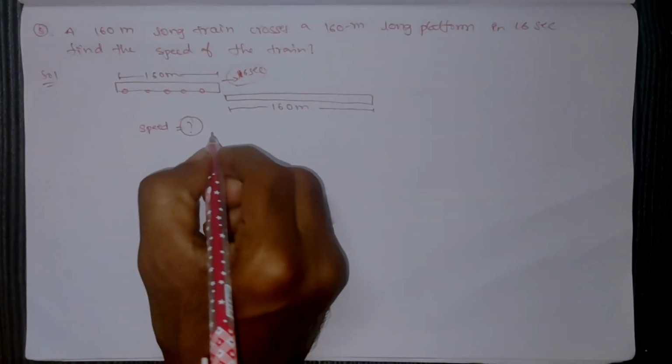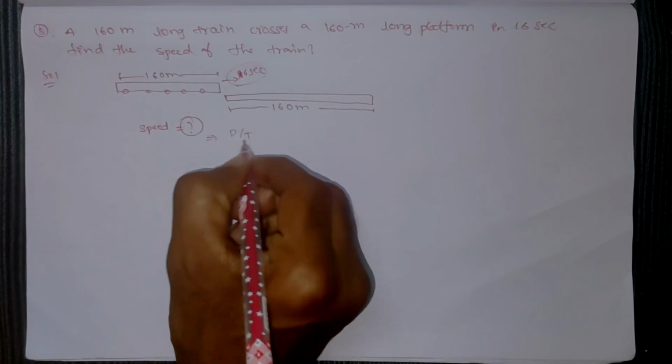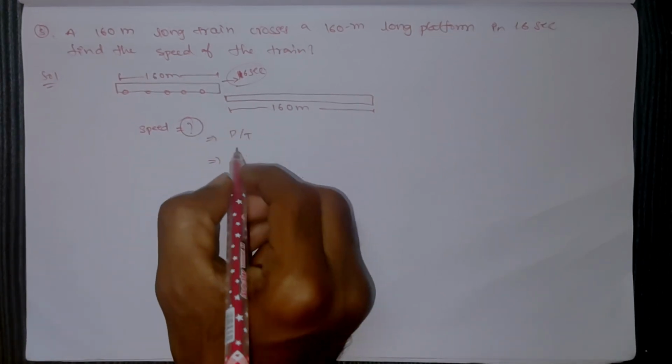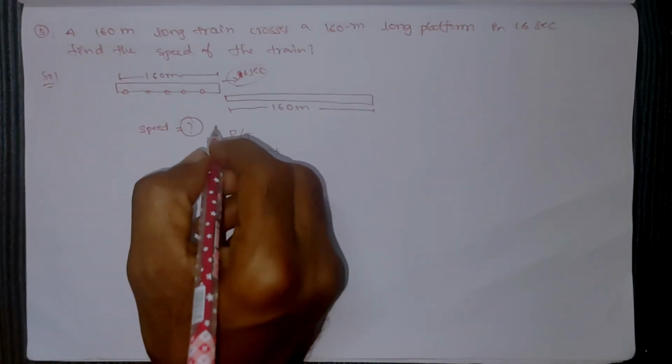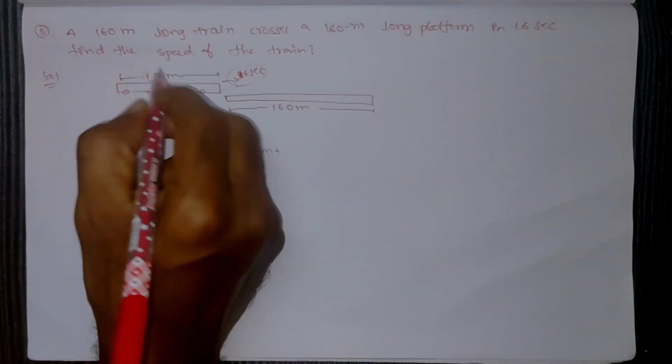As we know, speed is nothing but distance by time. So here the distance is 160 meters as platform plus this 160 meters of train.